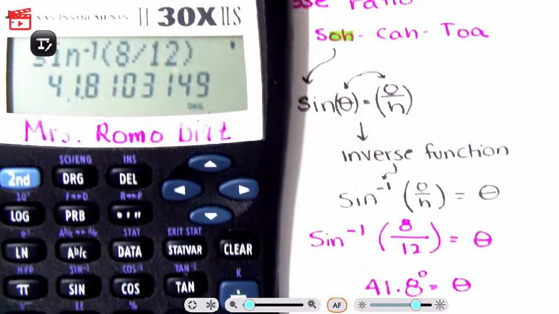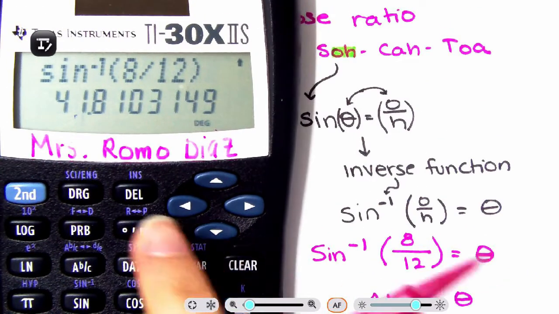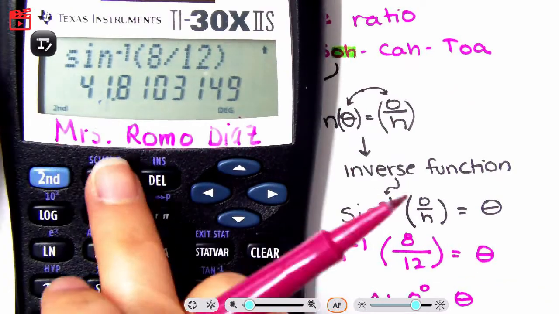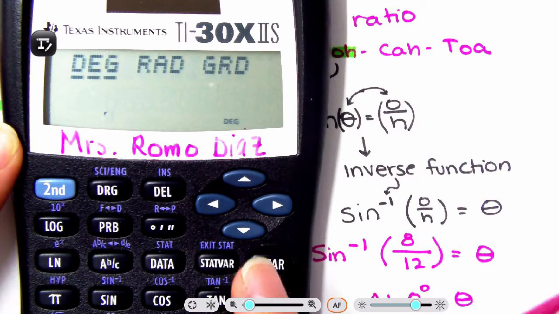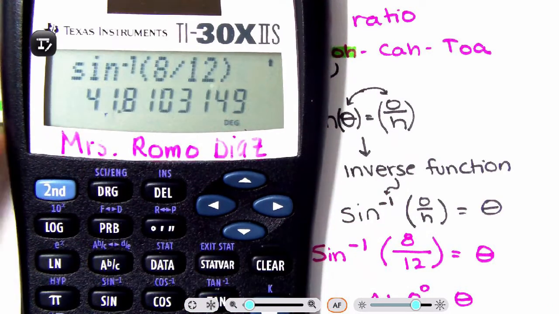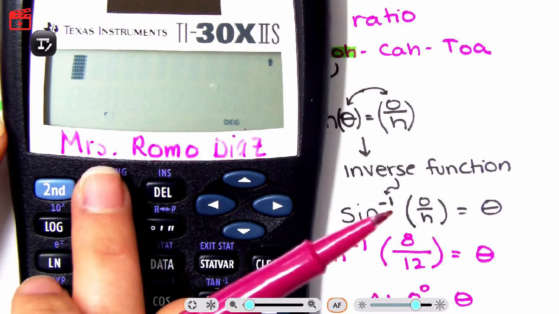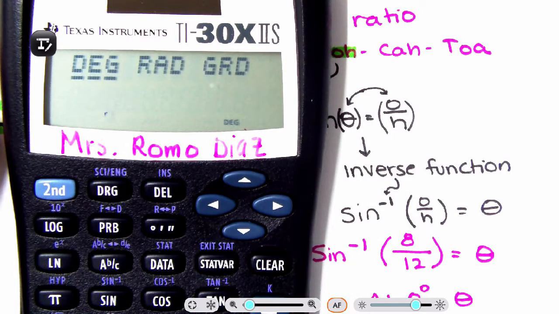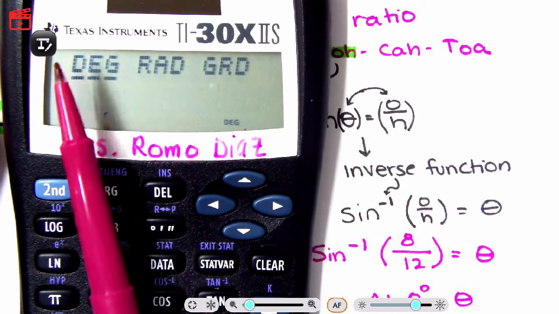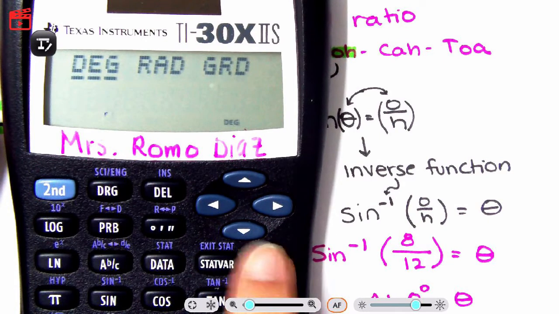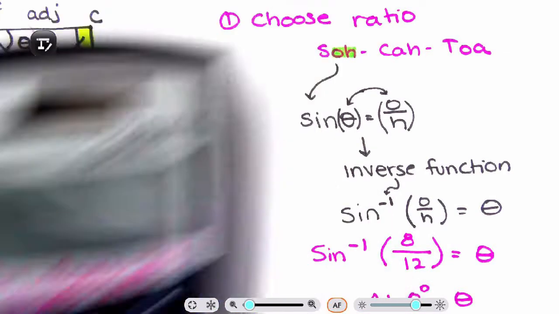Now, if you do not see degree here, you're not going to press second, you're just going to press this button right here to change it to degree. If you have radians or gradients, don't worry about that. You're just going to need degrees for the time being. So you select whatever you want, press enter, and you're done. And here we have degrees.